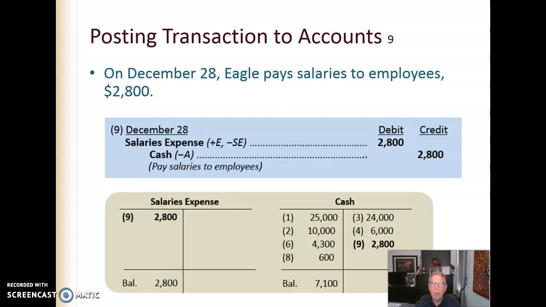When it rolls from expense into the statement of retained earnings, it's going to reduce retained earnings and thereby reduce stockholders' equity on the right-hand side of the balance sheet. That process occurs at the end of the period when we zero out the income statement and roll that balance into retained earnings. Okay, I know that's fairly confusing when you first start out as a student.